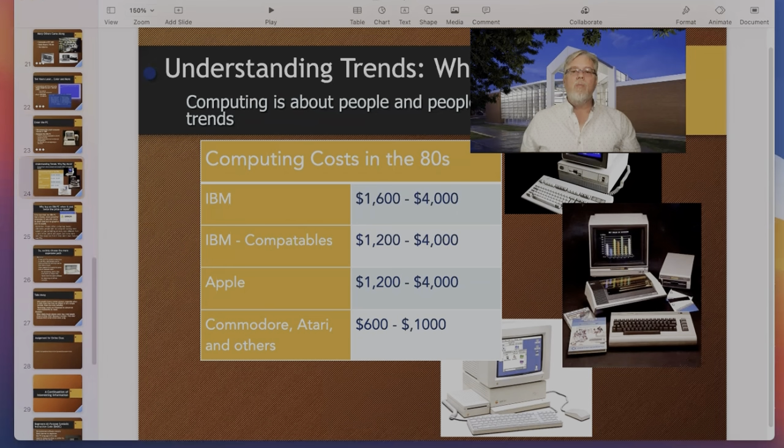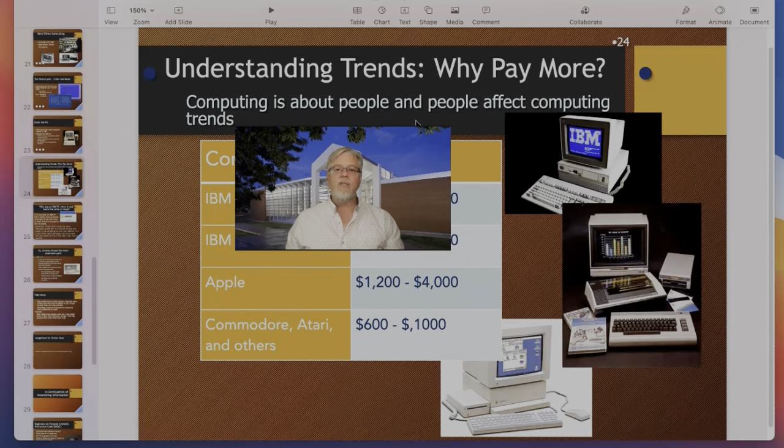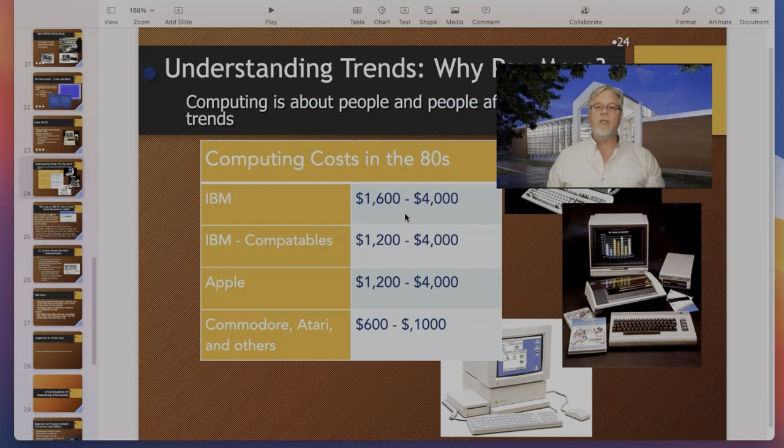Well, always remember that computing or anything is about people, and people affect computing trends. This is about people and what they were doing at the time and what they had to do at the time. Because when you look in the past and say, wow, an IBM cost, this is the low end to the high end, why would somebody buy one of these?